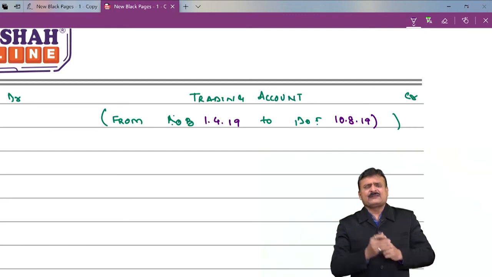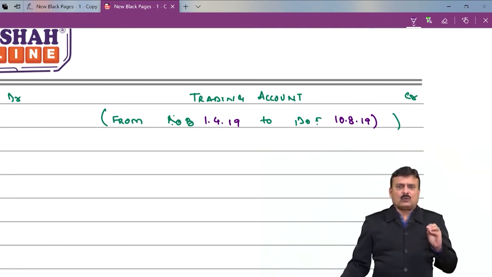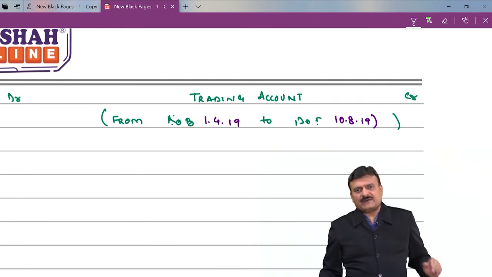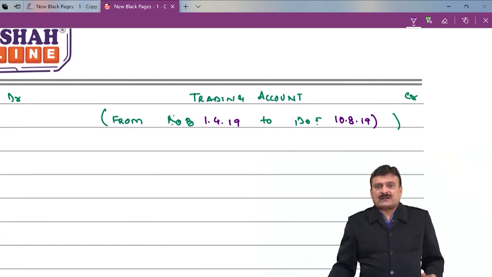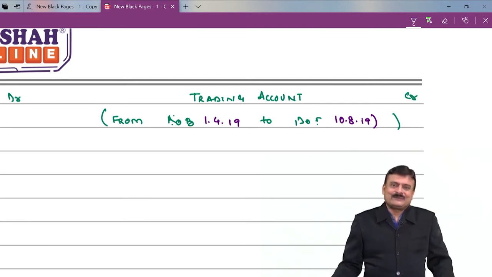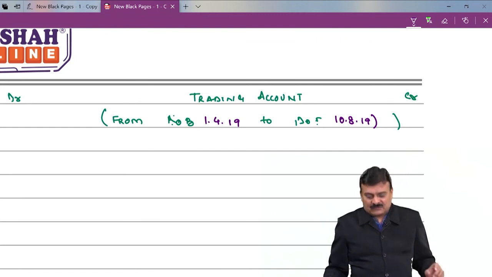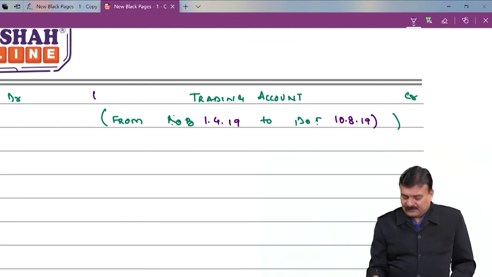Why am I preparing this trading account? With an intention to find out what is my total stock on the date of fire. But naturally this is not the trading account concerning your final account. Hence, we will give a distinctive name to it. So, what I write is, instead of trading account, I will call it a memorandum trading account.